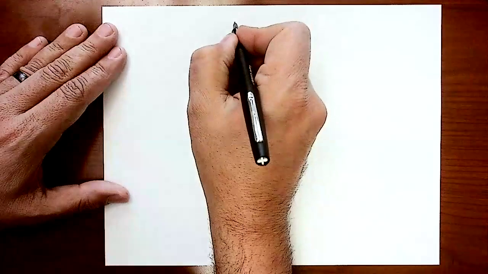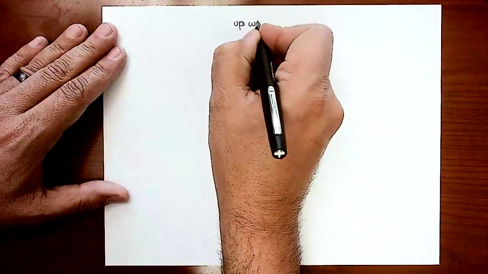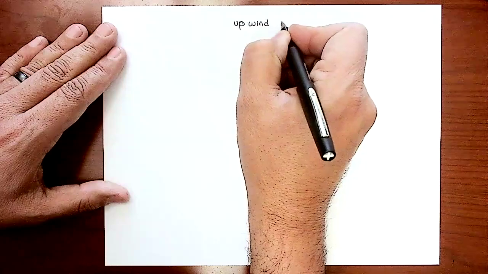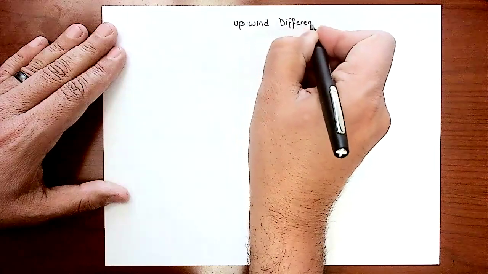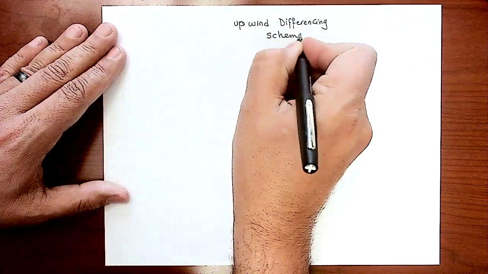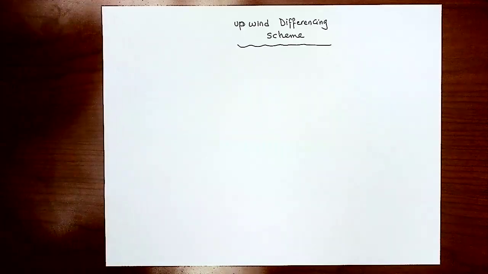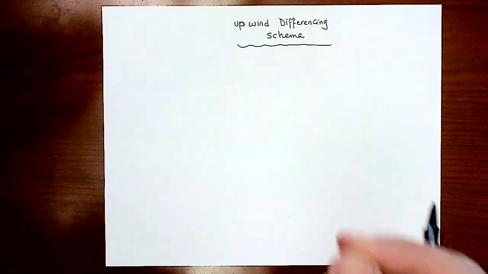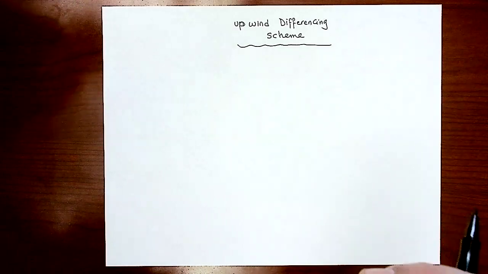So this will be the upwind differencing scheme. Remember, all we need to do is to find an approximation for the value at the cell face using the known values of the central point of each cell.